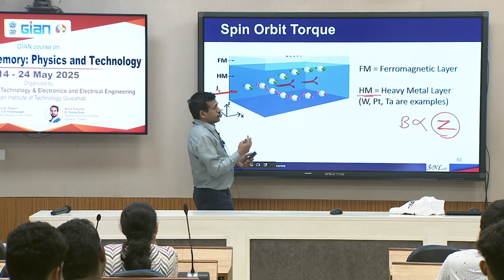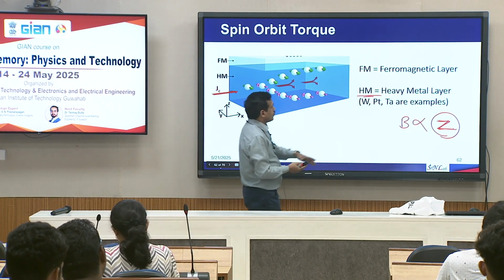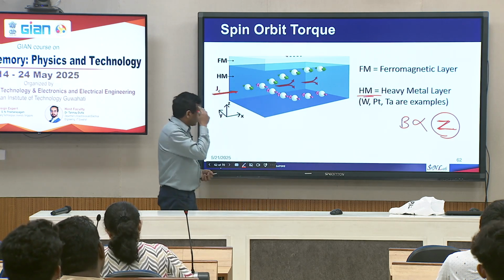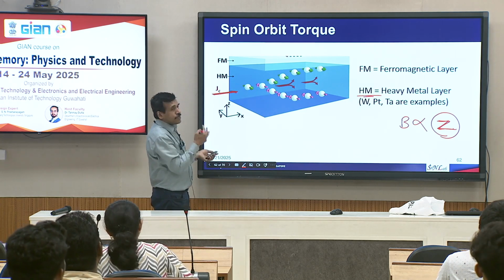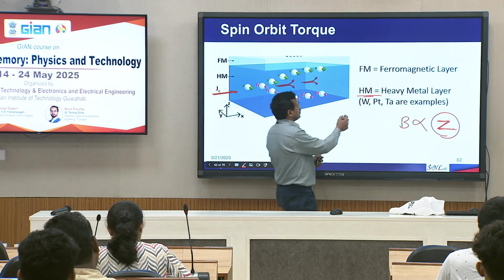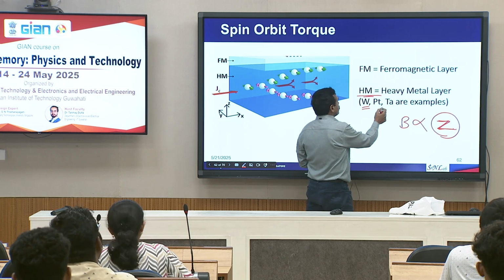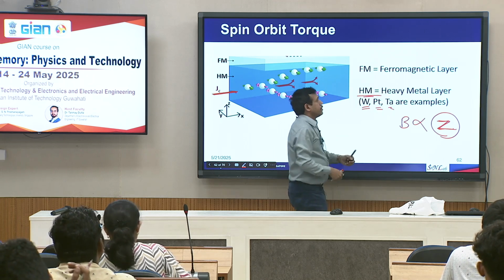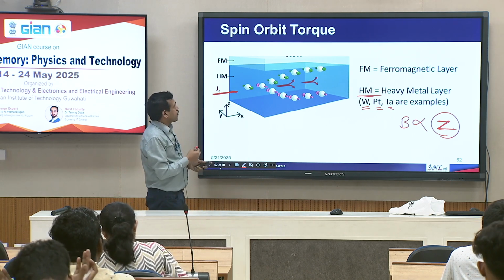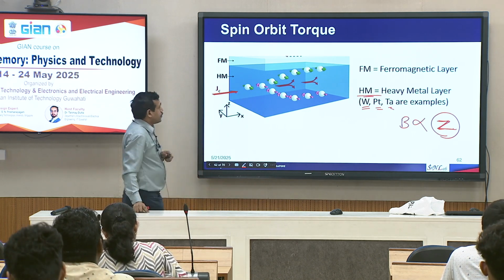So, in heavy metals Z is large. So, this B is going to be large, then the spin orbit coupling is going to be large. So, when we talk about spin orbit torque MRAM, we always deal with heavy metals like tungsten, platinum, tantalum, all these are some examples of heavy metal layers in which we have observed spin orbit torque.